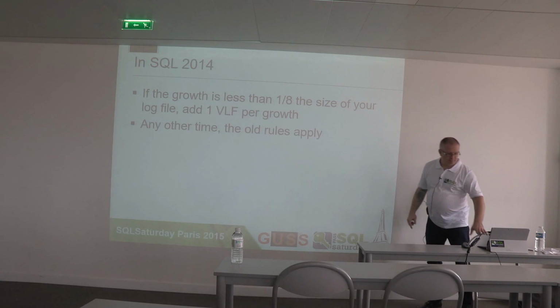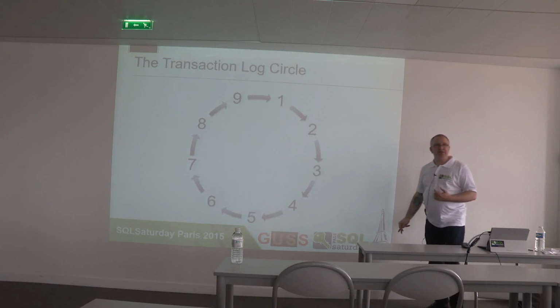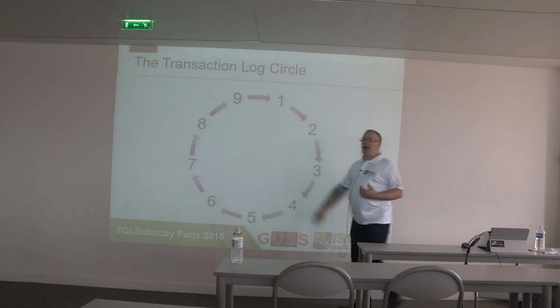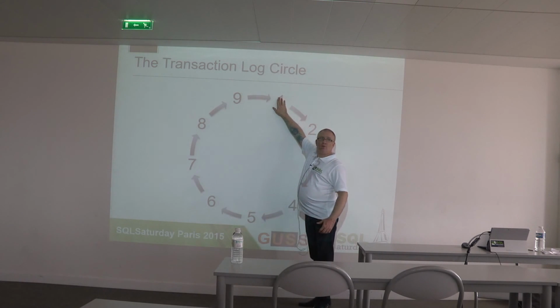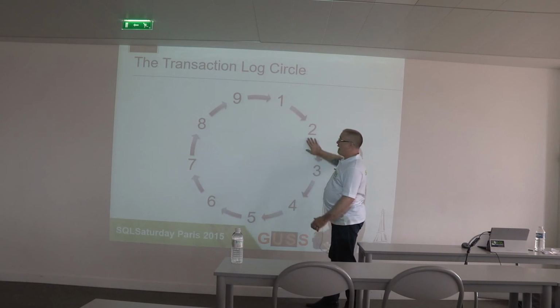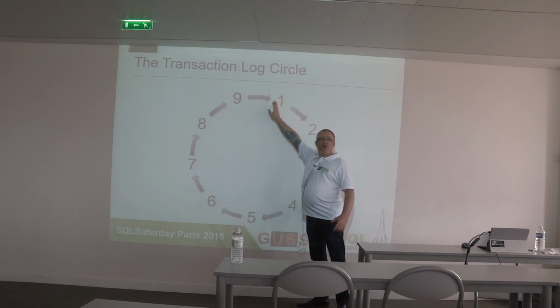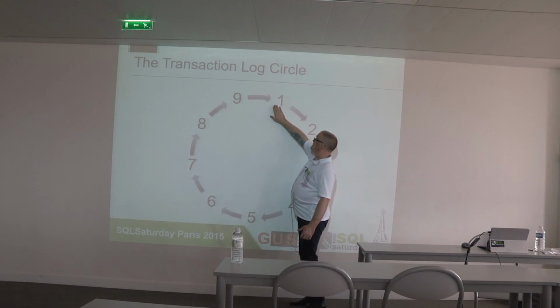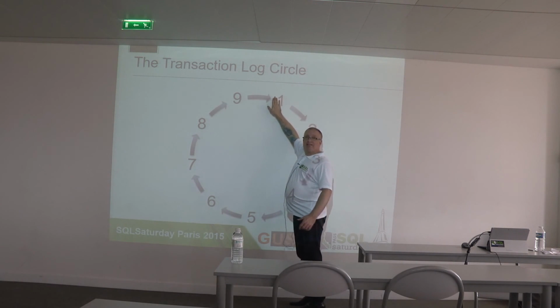Now, you've probably seen the transaction log circle. What happens is we work with one VLF, and when it gets full, we move on to the second one. And when it's full, we move on to the third one. And then we move on to the fourth one. And when we do a transaction log backup, it says, oh, this one is in use and it has data in it.